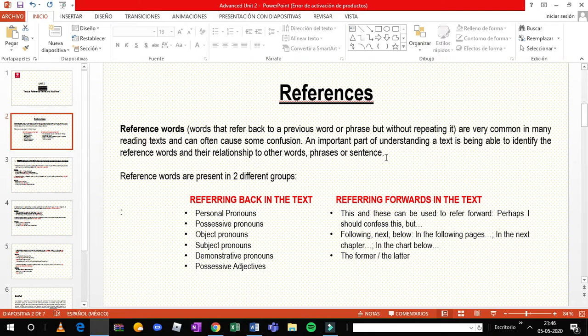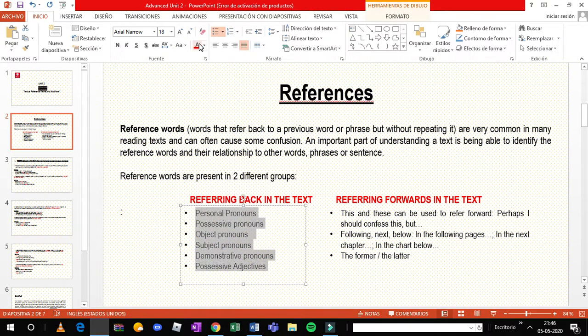An important part of understanding a text is being able to identify the reference words and their relationship to other words, phrases, or a sentence. As I said before, reference words are present in 2 different groups: referring back in the text and referring forwards in the text. We are going to start by checking this type of words, referring back in the text.